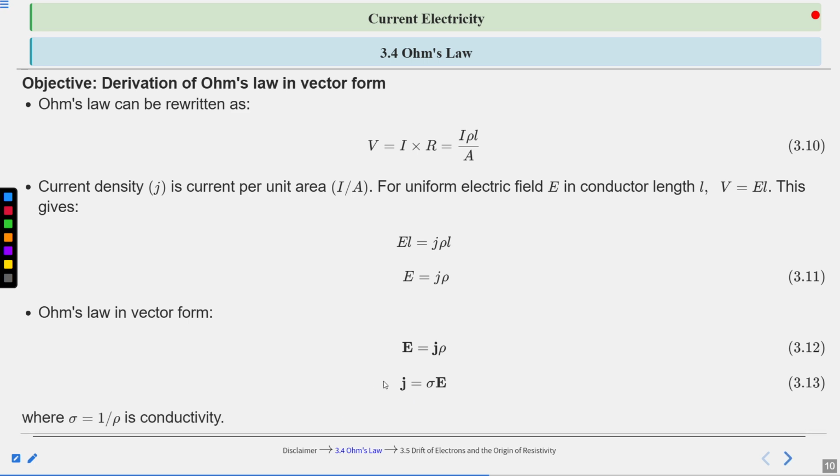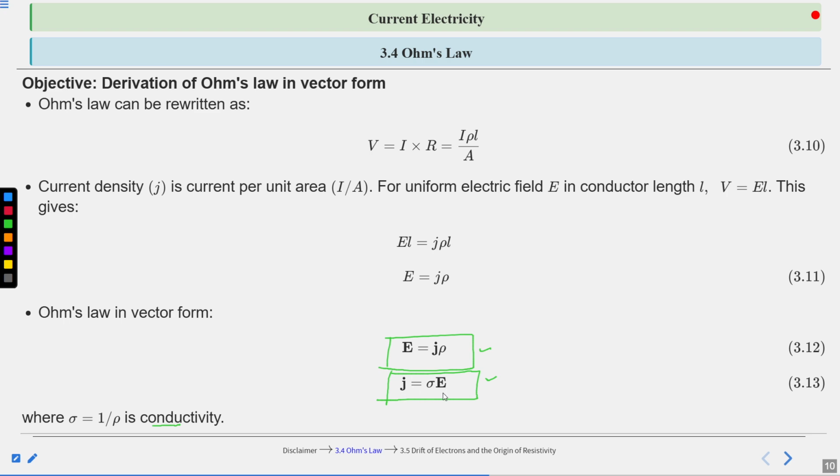When this rho goes below this E, it becomes 1 by rho. 1 by rho is sigma, which is called conductivity. It is also a material property like resistivity. Okay, so these two are the vector forms of Ohm's law.